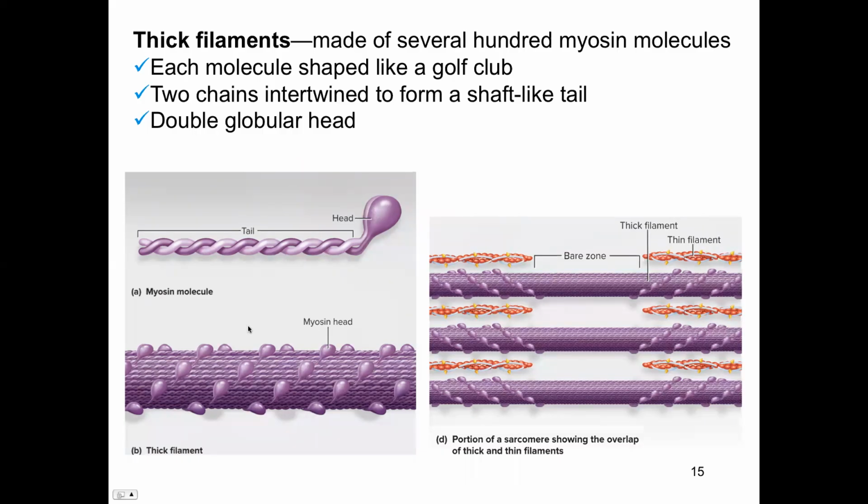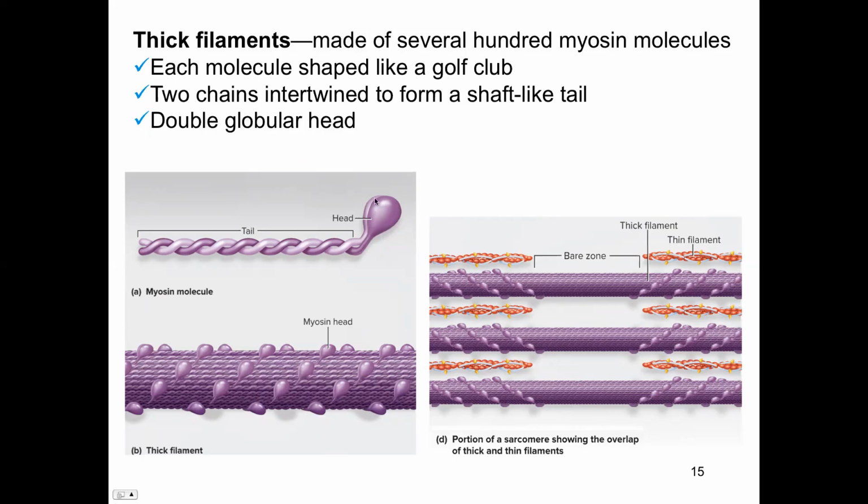And then there's a whole bunch of these that will intertwine themselves in my myosin thick filaments. All right, according to your textbook, several hundred of these molecules will arrange themselves in a sarcomere to make your thick filament, all right? And then you've got these heads.